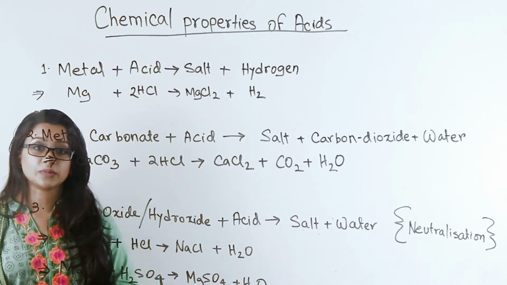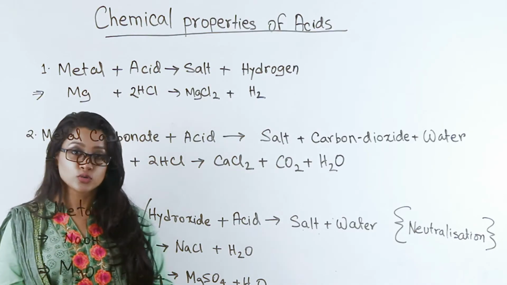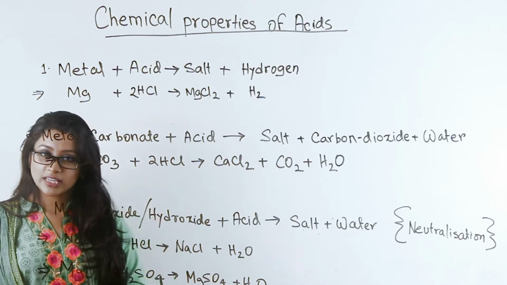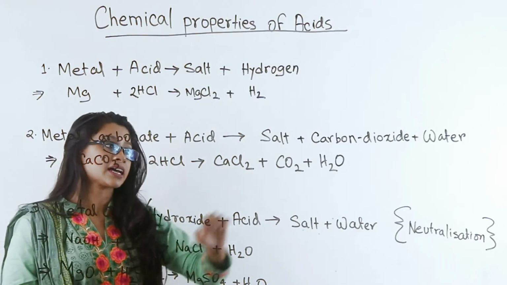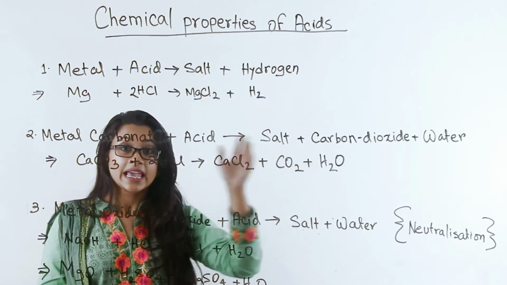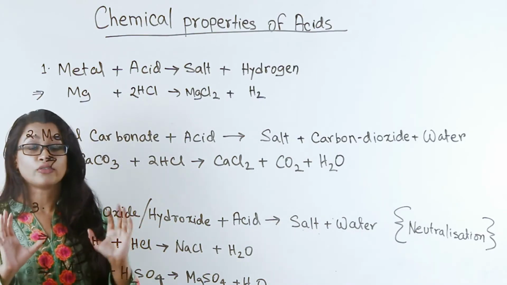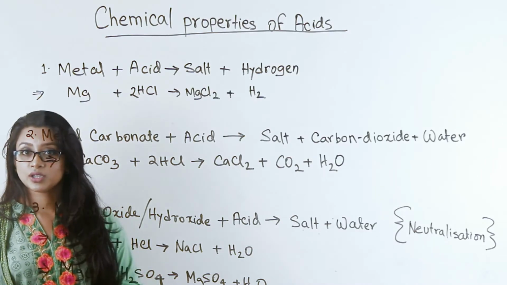So, calcium carbonate, which is also known as lime, and in Bengali it is known as chun, when it reacts with hydrochloric acid, it forms calcium chloride and carbon dioxide and water. In here, calcium chloride is the salt of the acid and the metal part of the carbonate.